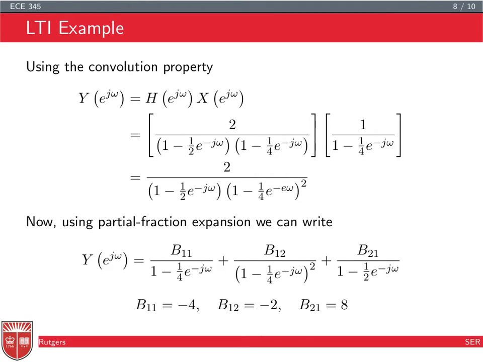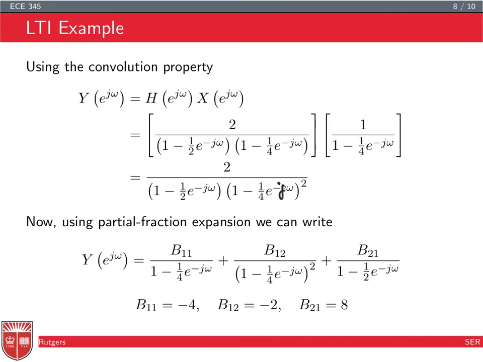So when I simplify things, I'm going to get that Y(e^jω) is 2 divided by (1 minus 1/2 e^(-jω)) times (1 minus 1/4 e^(-jω)) squared. Now, using partial fraction expansion, you need one term that has 1 minus 1/2 e^(-jω), and one term that has 1 minus 1/4 e^(-jω), which is here.